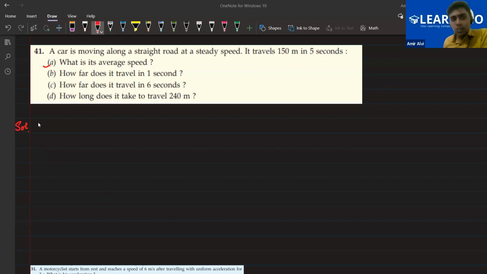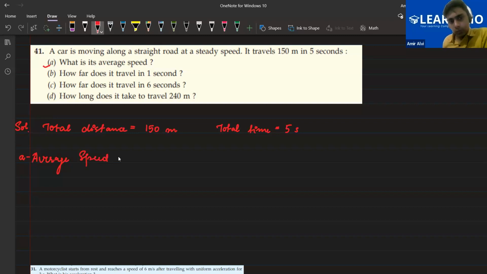So total distance is 150 meters. Total time is equal to 5 seconds. So, option A. Average speed will be total distance by total time. Yes or no, everyone?